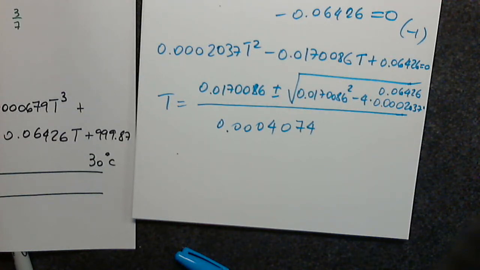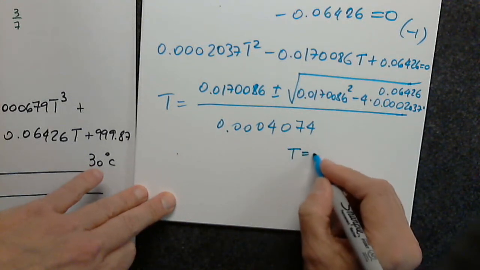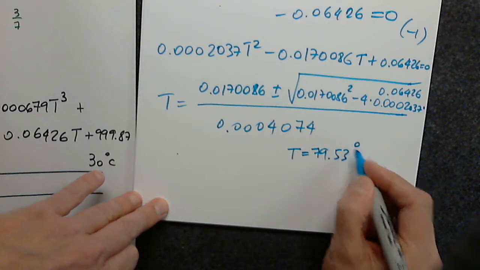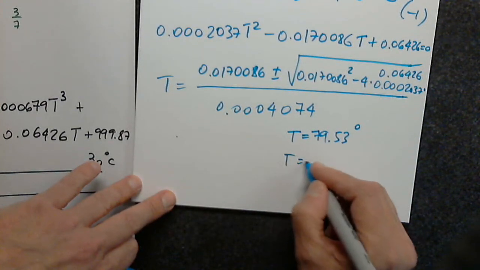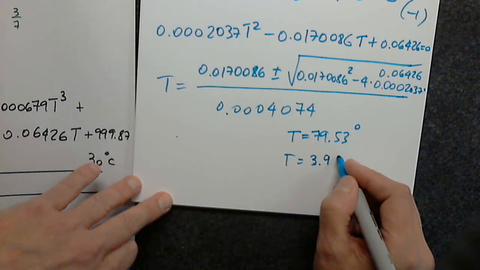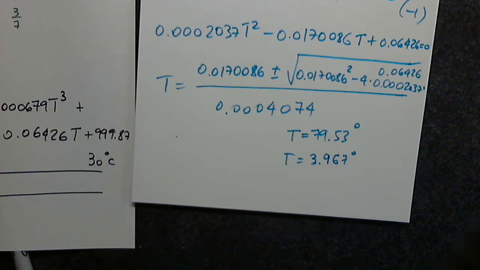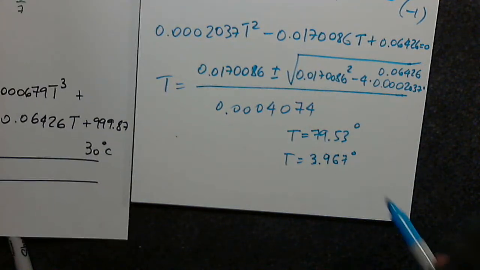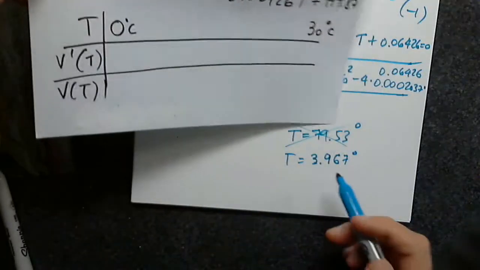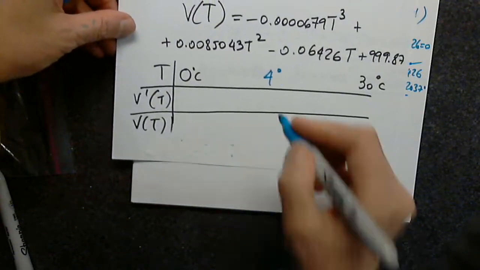Okay, so I got two solutions for a temperature of, I'm gonna say, 79.53 degrees, or of 3.967 degrees. Obviously this is fine, but it doesn't fit, so I'm gonna say 4 degrees, where it's 0.